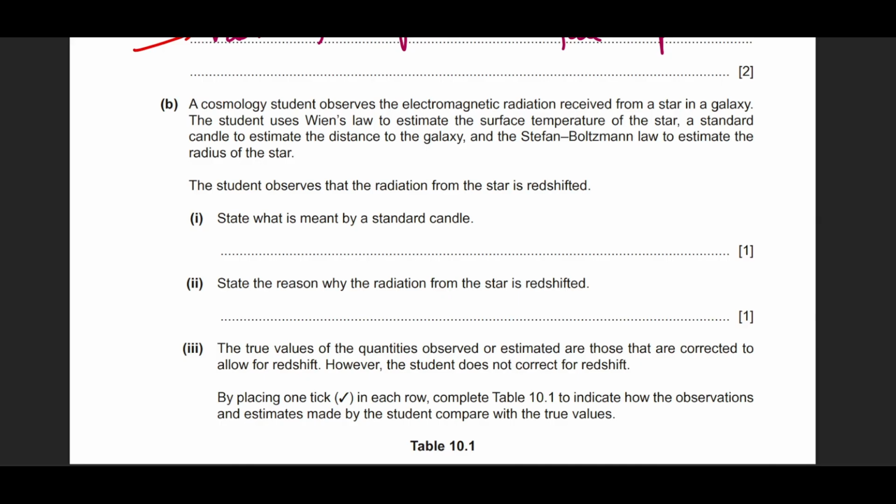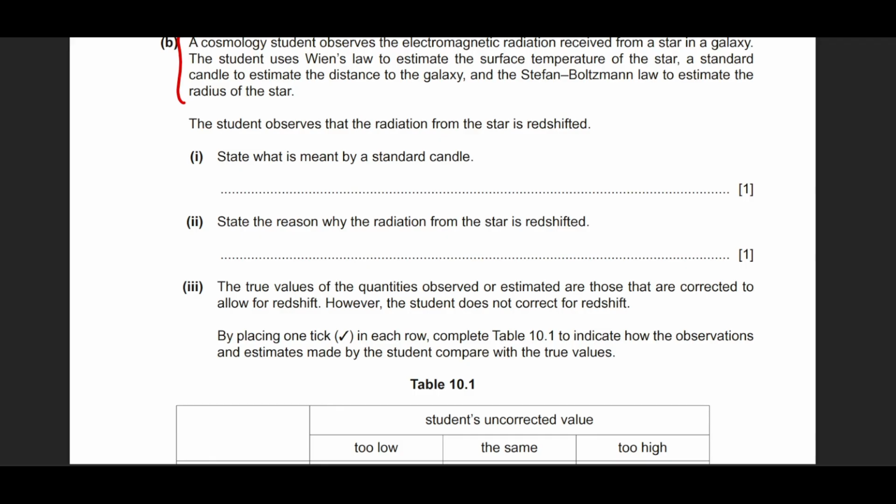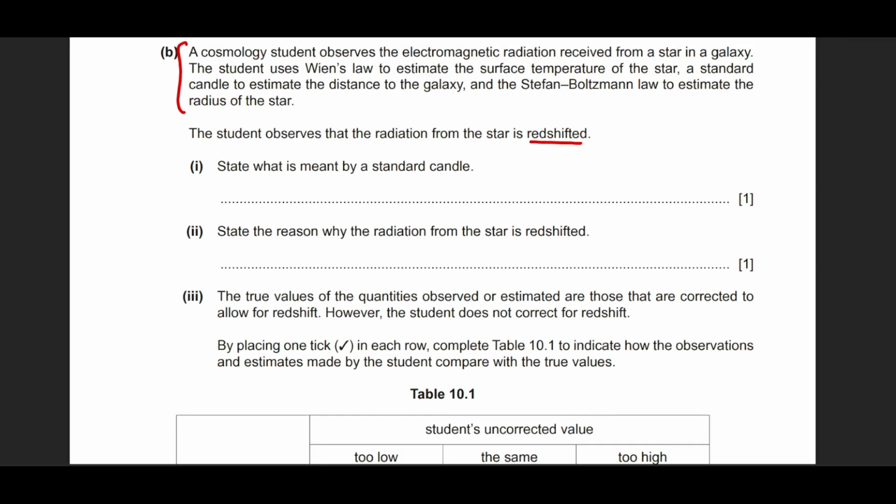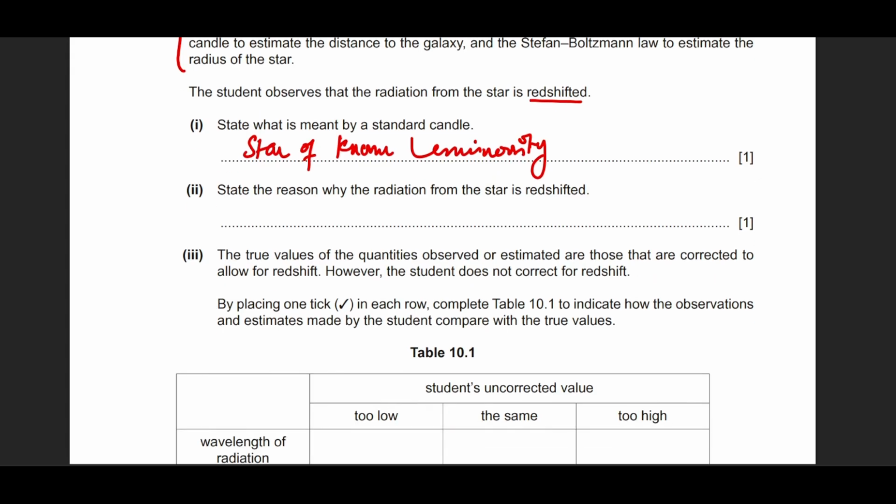Cosmology student, okay, there is a story here, you can read this. The student observed the radiation from the star is redshifted as mentioned by Doppler effect. He says, state what is meant by standard candle. So it's an object or a star of known luminosity, the one that we use to compare for others. For example, our own sun is a standard candle.